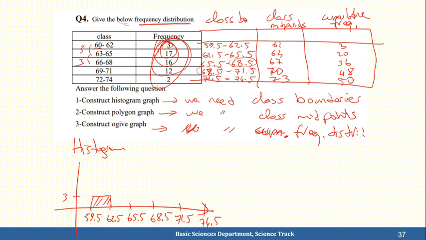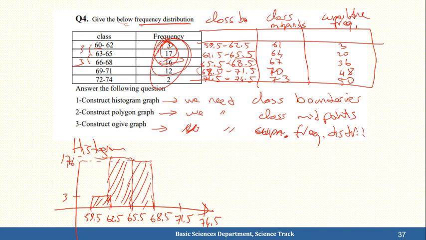And for this one, it will be something like 17 here. For this one, it will be 16, a little lower than this one. And then 12, and for this one it will go down to 2. This is the histogram.